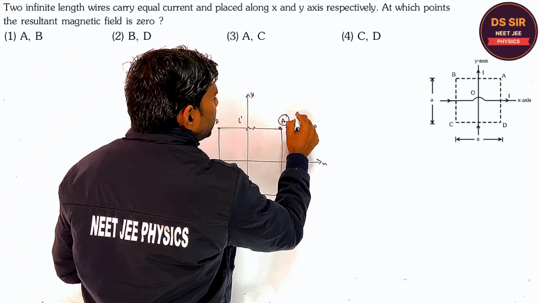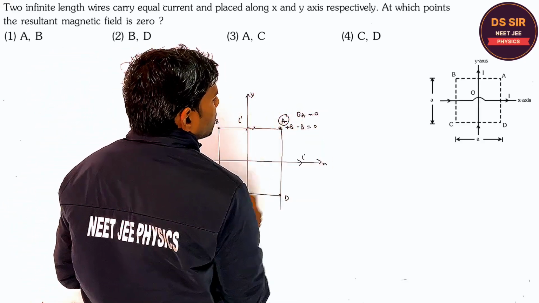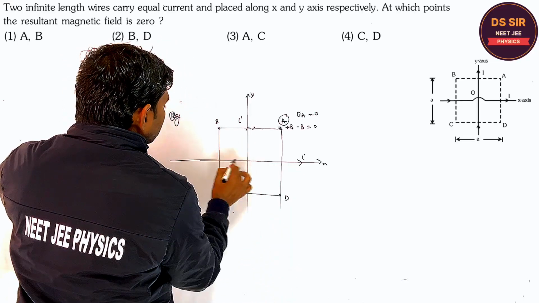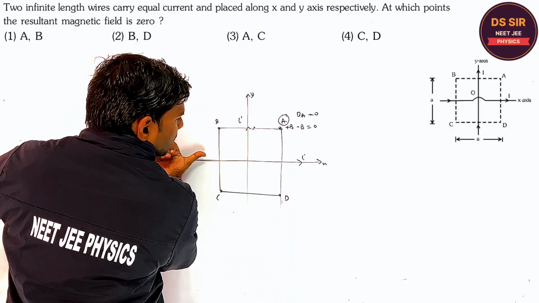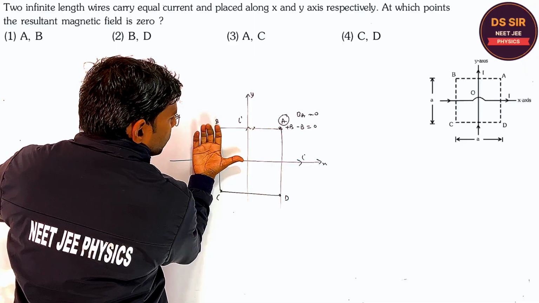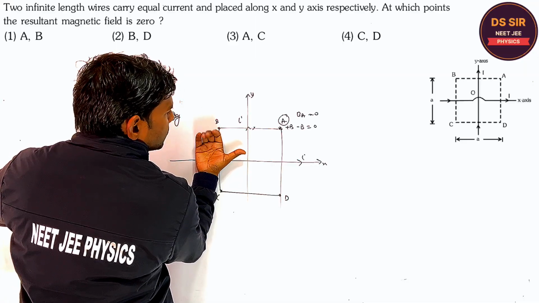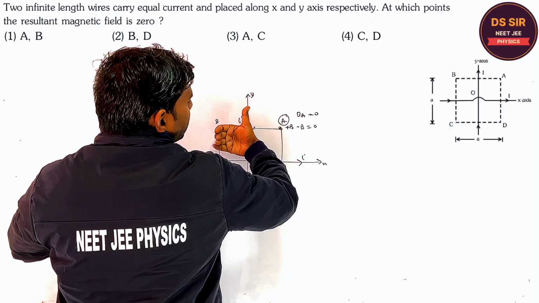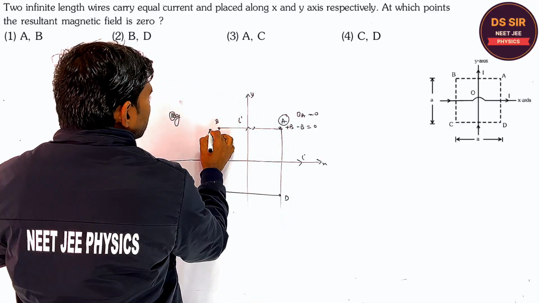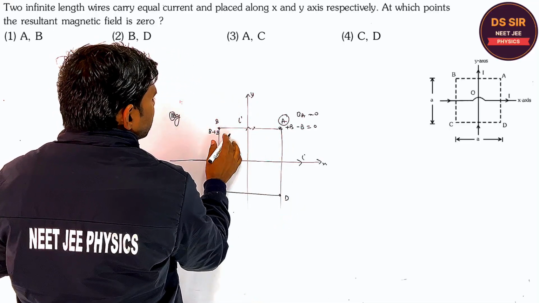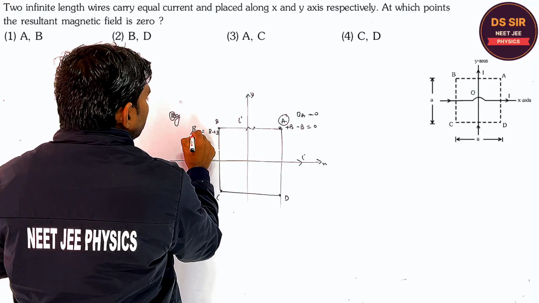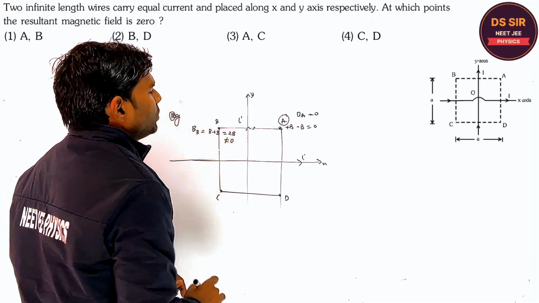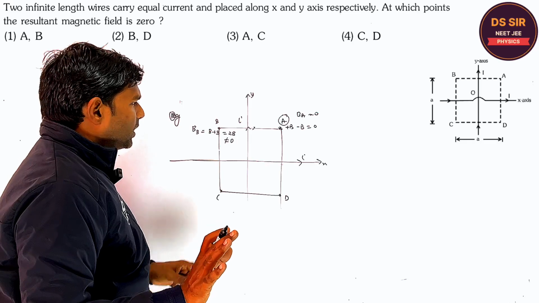But at the point B, because of this current carrying wire the magnetic field is out, and because of this wire the magnetic field is also out. So if each is B, then at point B the magnetic field is 2B and it is not equal to 0. Understood?